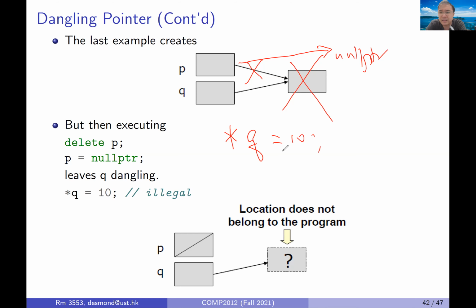But some students said, Desmond, I run this program at home. No problem. No runtime error. But when I run the same program on the lab machine, runtime error. Why? Oh, I know. Virus. Don't think too much. The reason is, maybe your computer is not running a lot of programs.